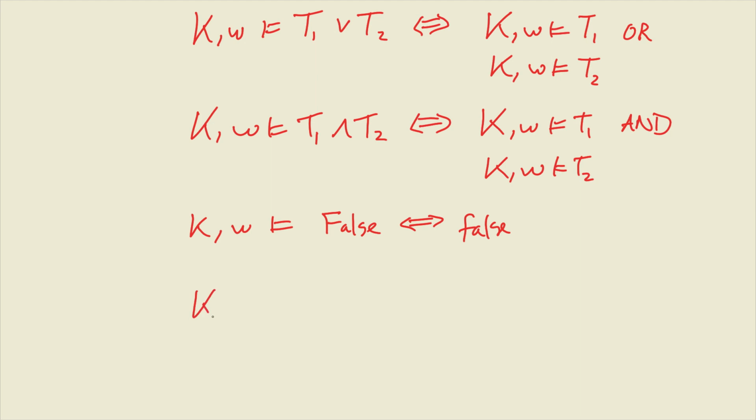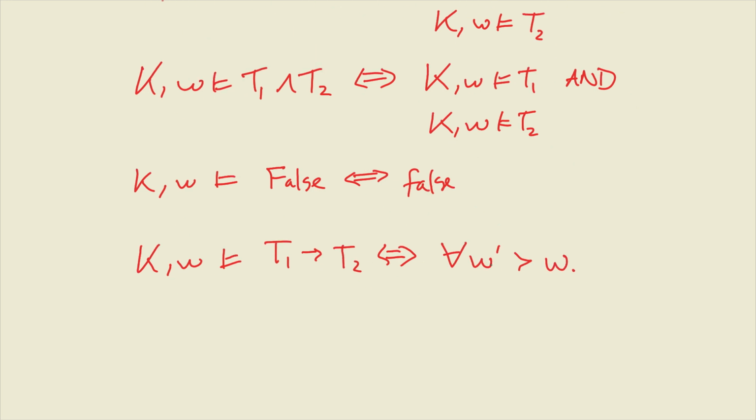Now here's the cool case, which is implication. T1 implies T2. When is that true? That is true if for all future worlds, so for all W prime that are in the future from W, and remember that it could include W itself because this relation is reflexive, you look in that future world, and in that future world, T1 being true needs to imply T2 being true.